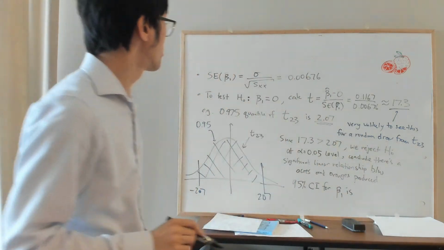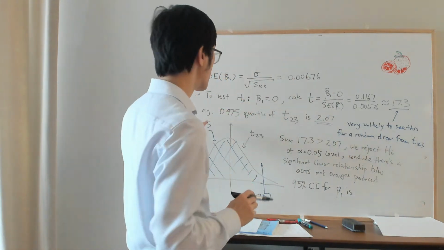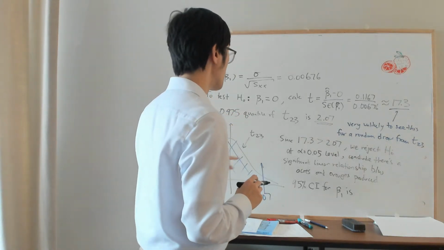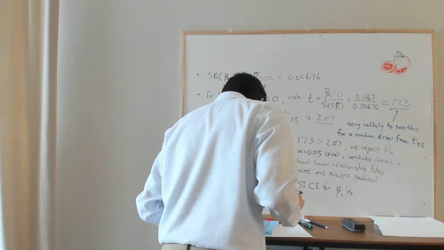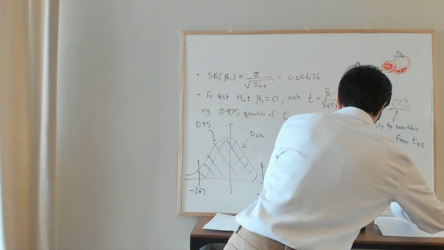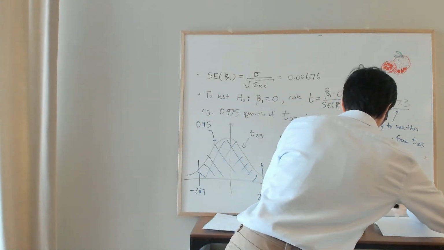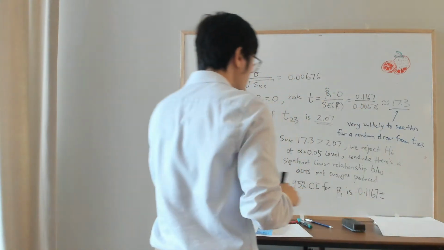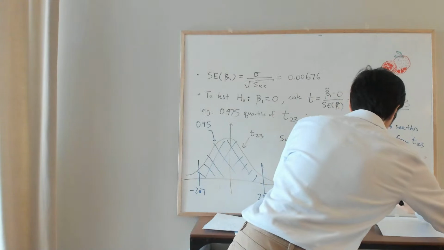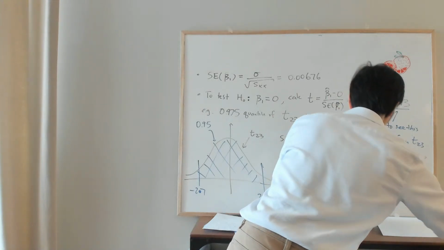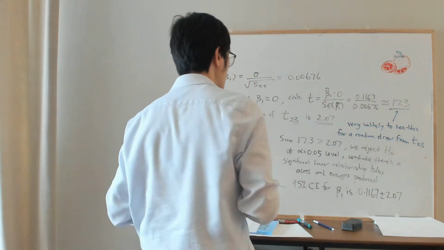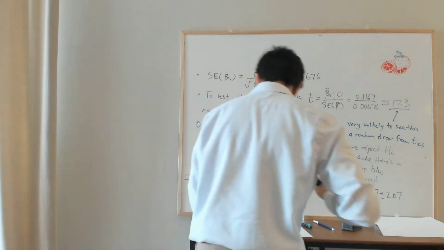We use our formula, so we take the slope estimate, which I just erased, but it is 0.1167. And then the bounds, so that's the middle of the confidence interval, and then the bounds is the t-value, 2.07, times the standard error of the slope estimate, which is 0.00676.